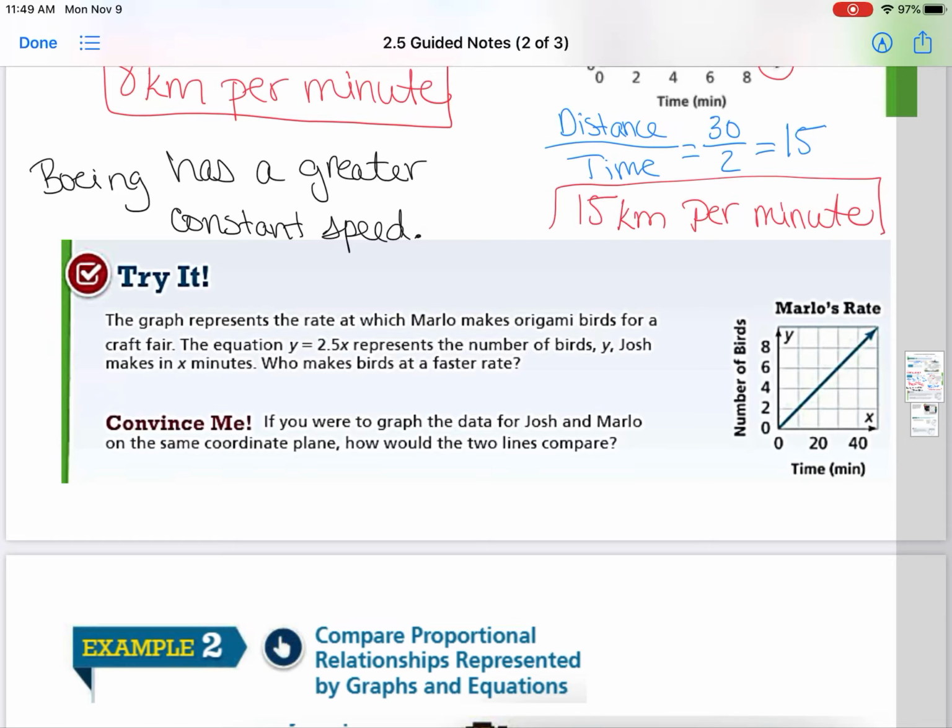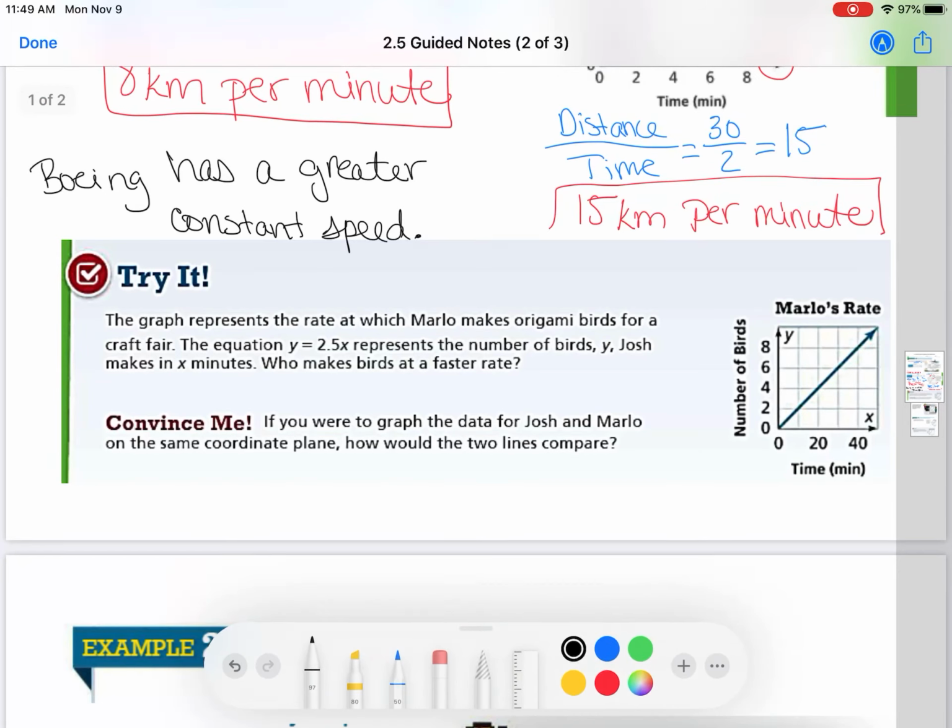So let's talk about Josh first. Let's try and decide. So Josh is our equation. So again, y, and you can use the graph to help you compare, y-axis is the number of birds. 2.5x, we've done a lot of word problems like this.